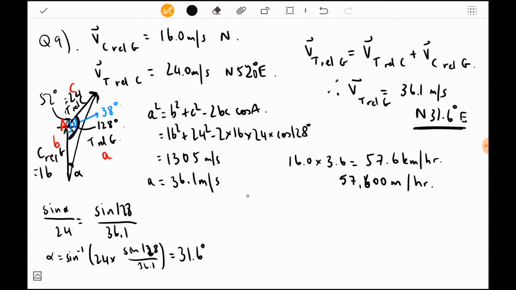With this, we can just use simple trigonometry. I'm going to switch again back to the blue color. We can see here that the truck is traveling this direction here, and I want to find the northern component of that. That would be this component right here.